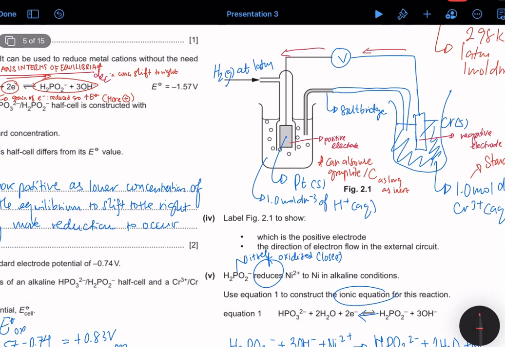This one is fairly simple. You just have to use the backward reaction, and you're just going to add your Ni2+, which gets reduced to your Ni.